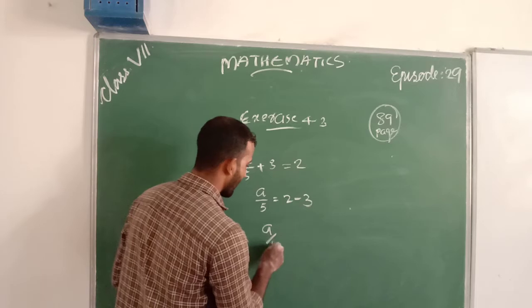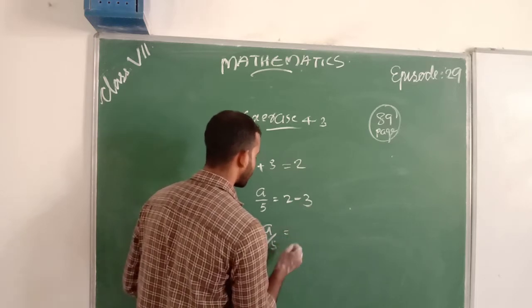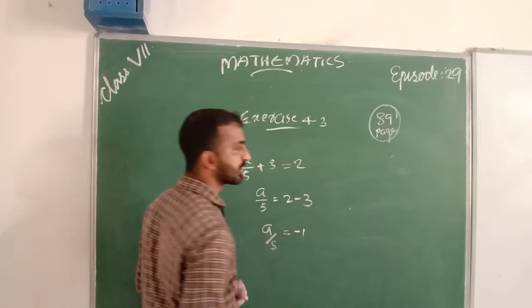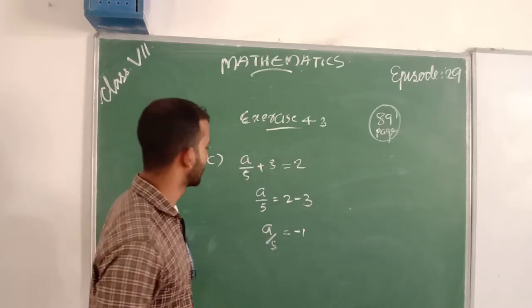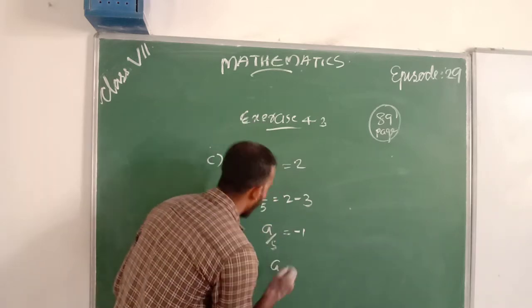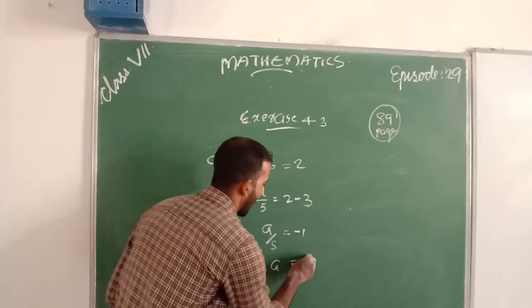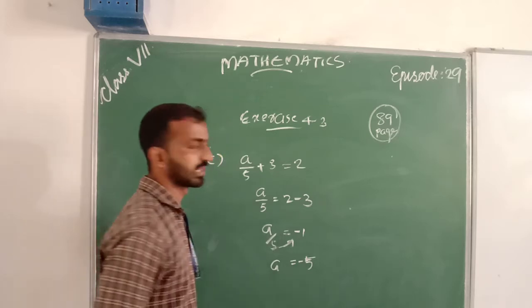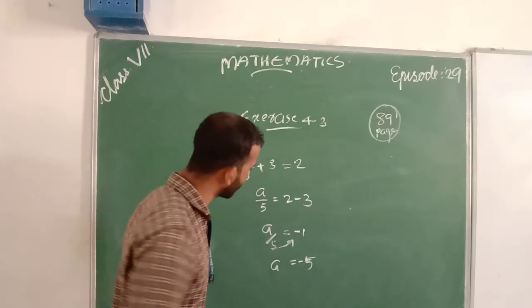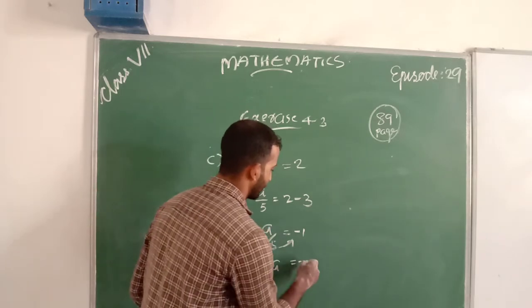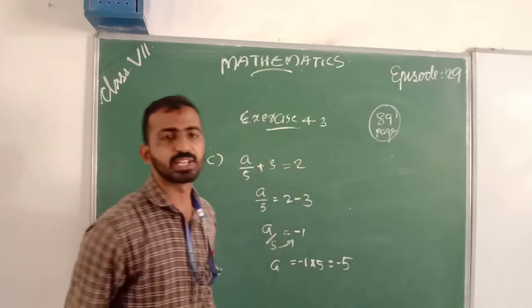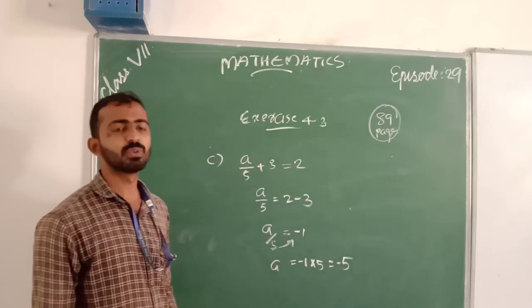Then A by 5 equal to negative 1, and A equal to negative 5. That is, 5 is transposing: negative 1 into 5, that is negative 5.